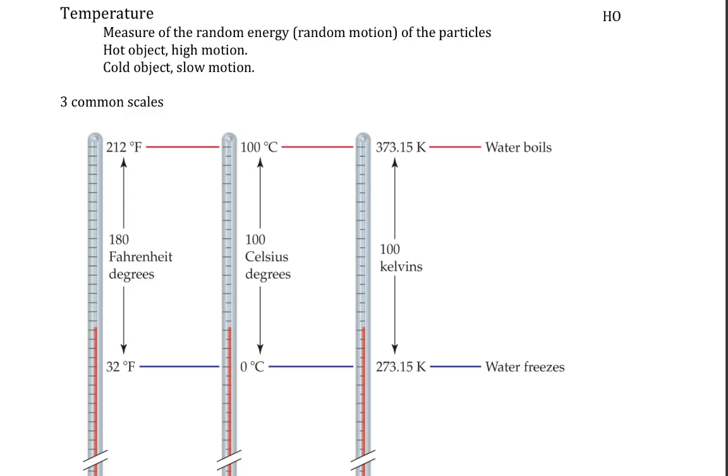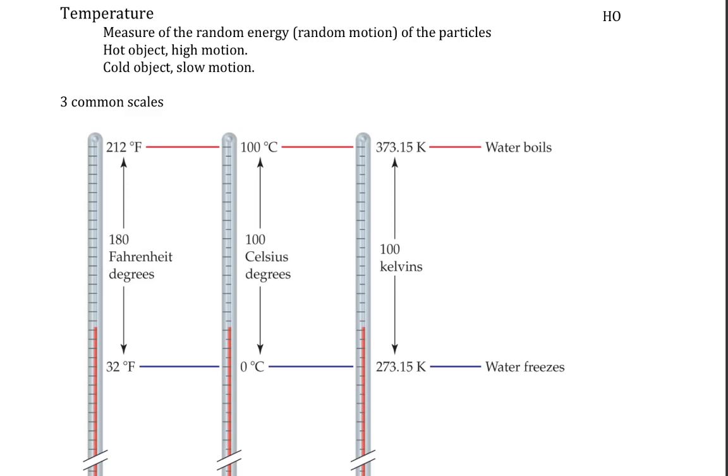In science, it very much is a measure of the random energy, the random motion of the particles in whatever it is we're measuring the temperature of. If it's a hot object, then the particles within that material have a lot of motion. If it's cold, then their motion is slower.